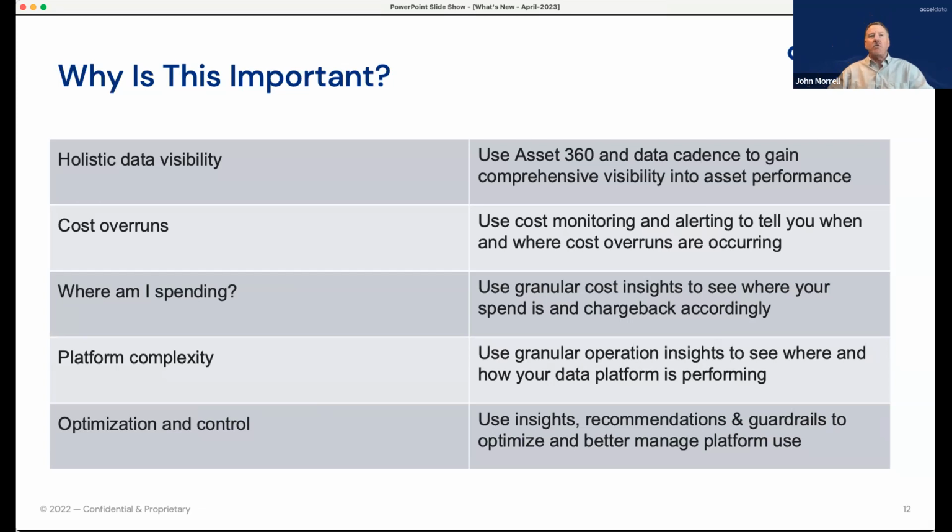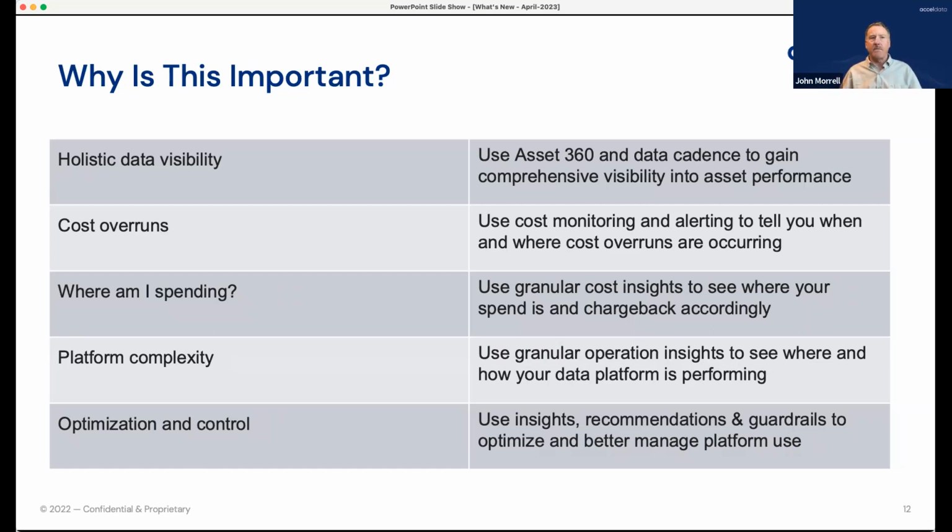You can understand where you're spending, where your costs are going, and drill down and look at this at a very granular level to not only charge back to these groups, but also understand, hey, these particular groups are using more resources than they should be allocated, and put guardrails in place.